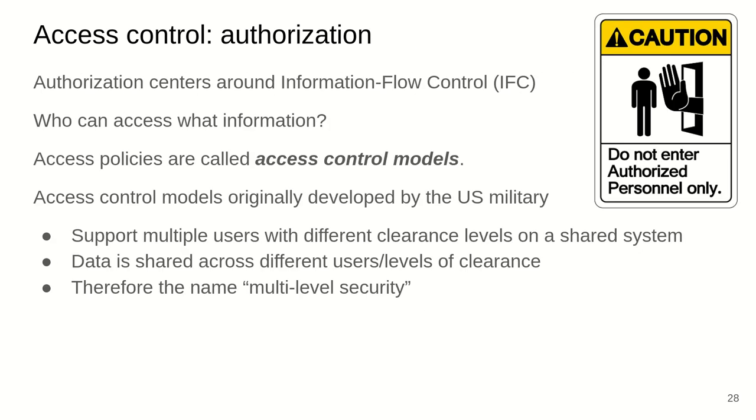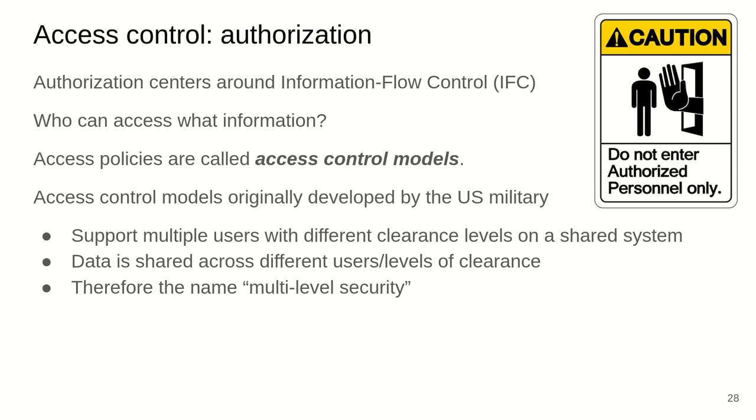After authentication, we also need authorization. And authorization centers around information flow control, as in who can access what information. And access policies are called access control models by defining how and which entities are allowed to access a given object.